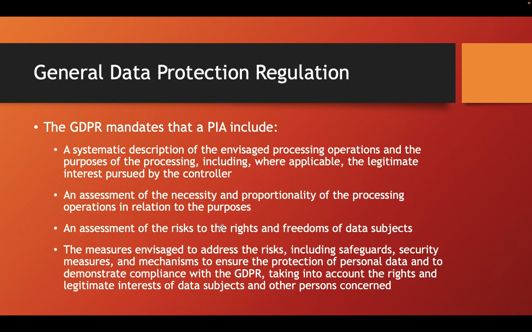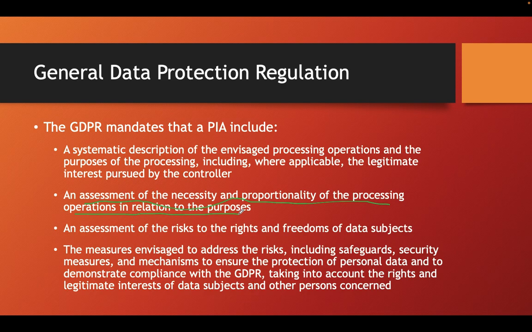Another thing that the General Data Protection Regulation has mandated should be included in the privacy impact assessment is the assessment of the necessity and proportionality of processing. They have to assess the reasons why this processing of data should be carried out.